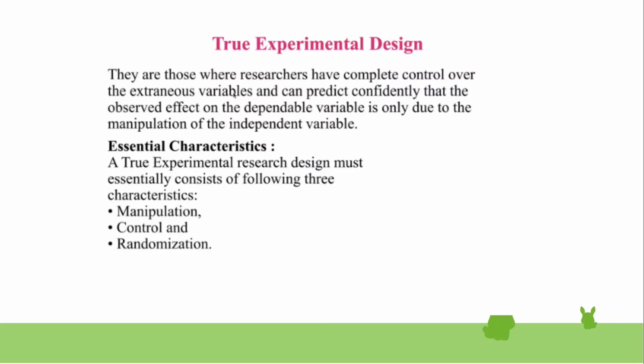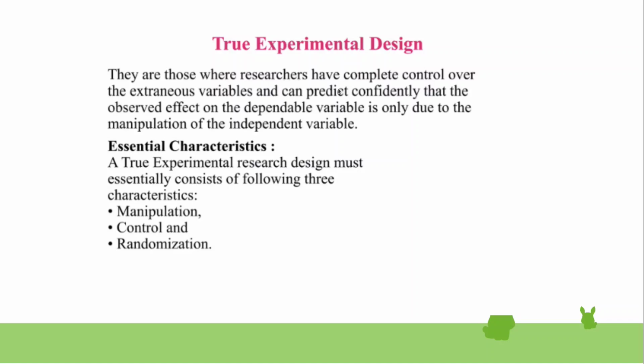In her research problem, she will have control over the extraneous variables and can predict confidently that the observed effect on the dependent variable is only due to the manipulation of the independent variable. So in this type of study, everything is under complete control of extraneous variables in the hands of the researcher.